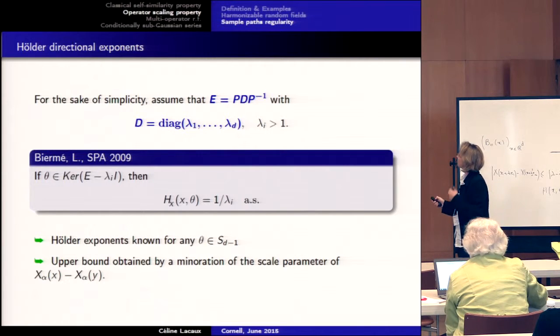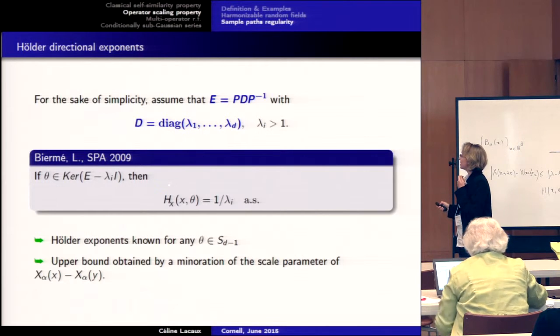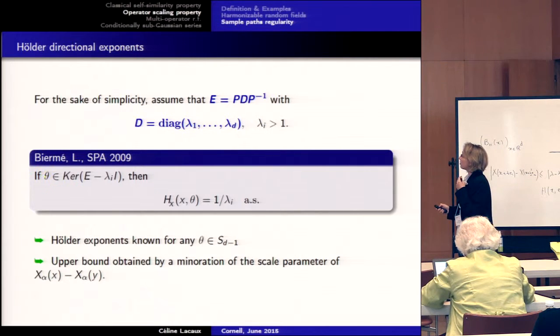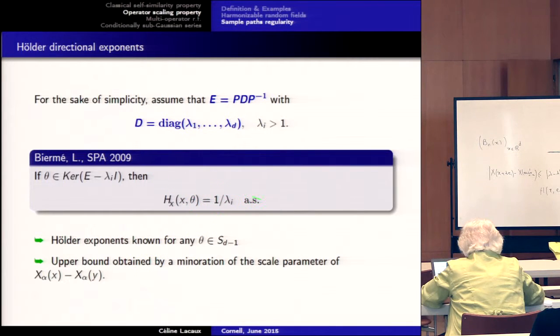So I choose a matrix E, which is diagonalizable with eigenvalues lambda 1 to lambda d. And I will only focus on theta, which is an eigenvector for lambda E. And so in direction theta, the sample path property, the Hölder regularity, is given by 1 over lambda.